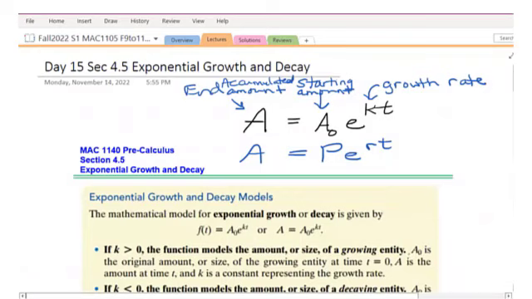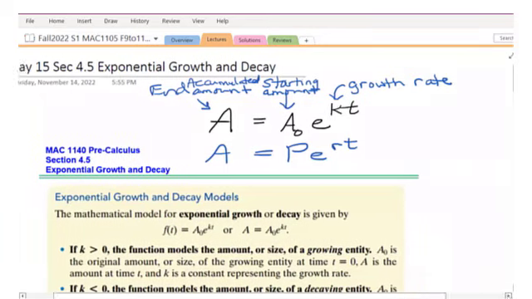Okay. There is one slight variation, which is that with money, we never have a negative interest rate because your money is growing, ideally, not shrinking. But in the case of populations, populations can shrink. So that would mean they have a negative growth rate.